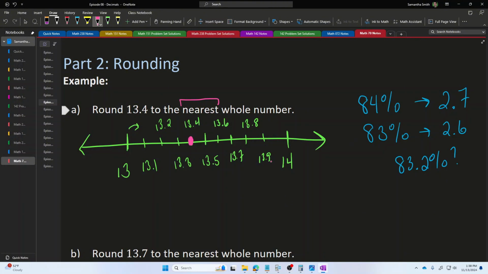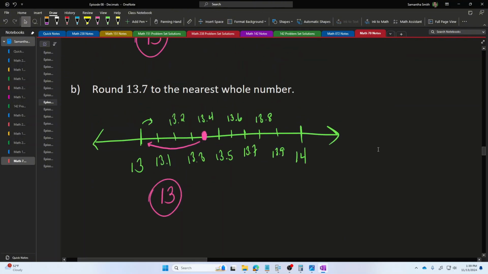The distance from 13.4 on the left is just a little bit smaller than the distance going to 14 on the right. So the literal nearest whole number in this situation would be 13. That is the whole number that is as close to 13.4 as possible.